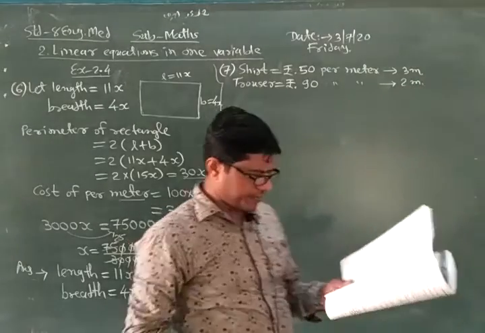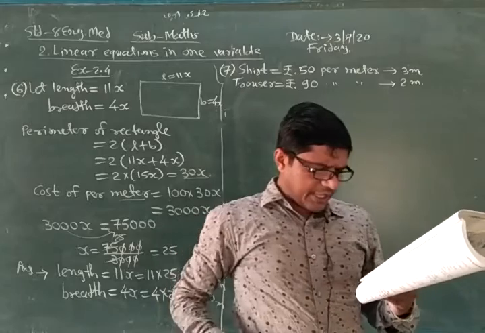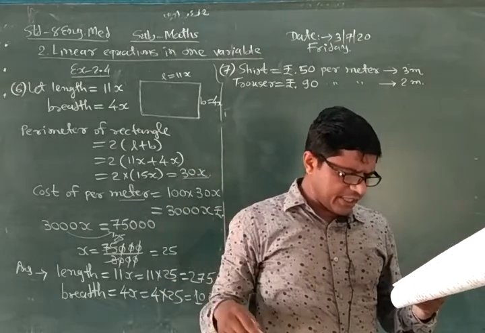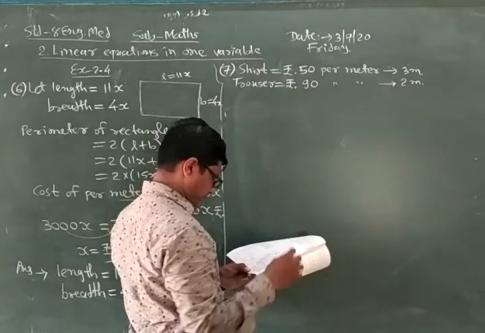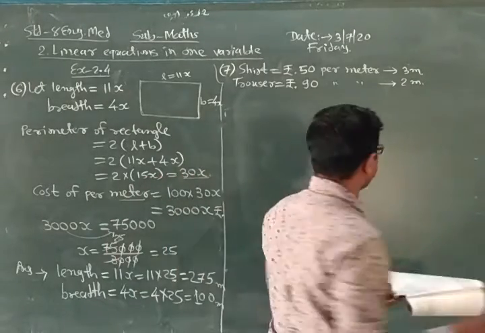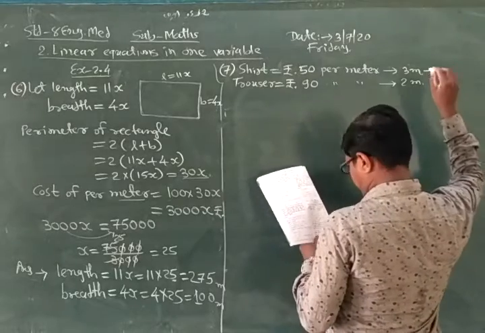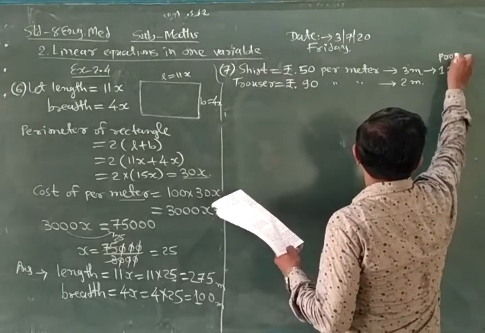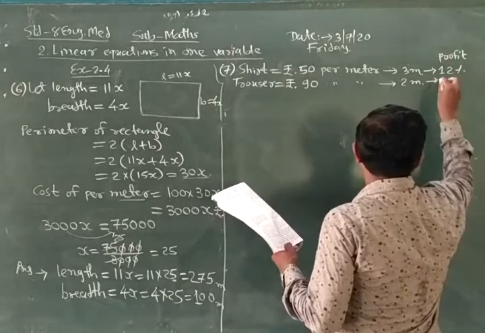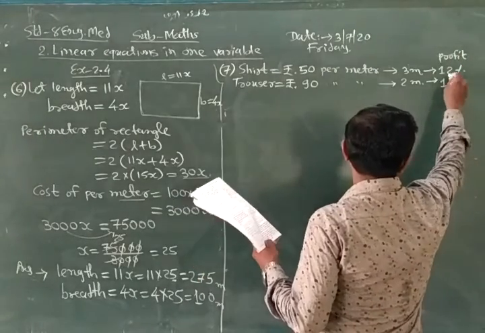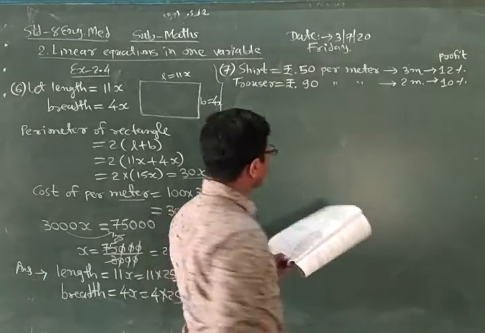Okay, this is given. And second thing, he sells the material at 12% profit and 10% profit respectively. It means profit is given here: 12% profit and 10% profit respectively. It means first shirt, after that trouser.